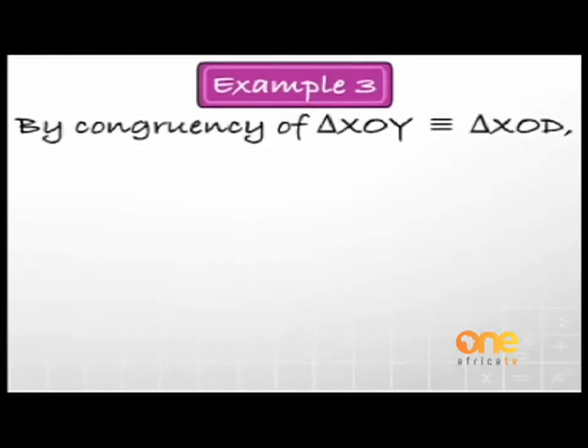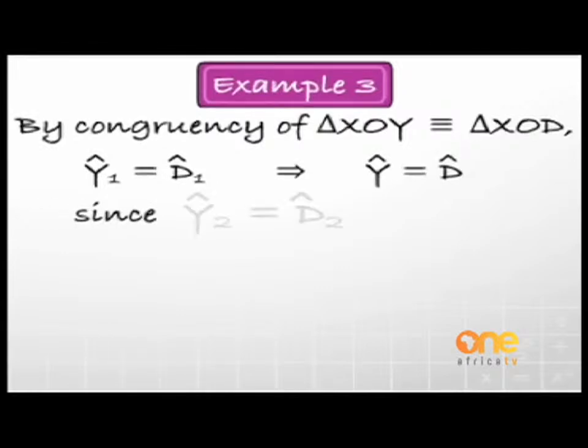By congruency of triangle XOY and triangle XOD, we know further things. Angle Y1 is equal to angle D1, which obviously implies that angle Y as a whole is equal to angle D as a whole, since angle Y2 is equal to angle D2, and this has also been given to us.